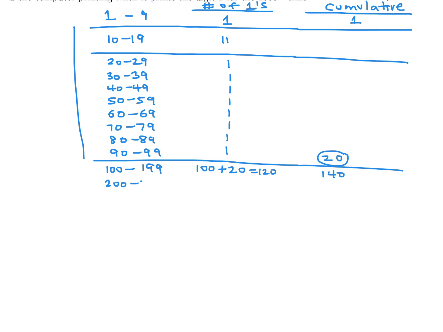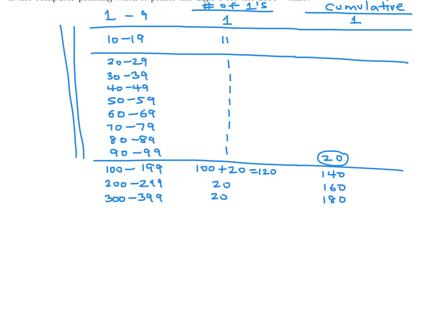Similarly with 200 to 299, the first digit is a 2, so you don't get any ones there. But the 0 to 99 will behave just like these, so you'll get a total of 20. So this cumulative goes up to 160. And similarly from 300 to 399, it's 20.